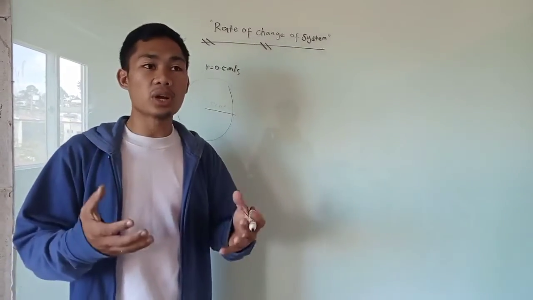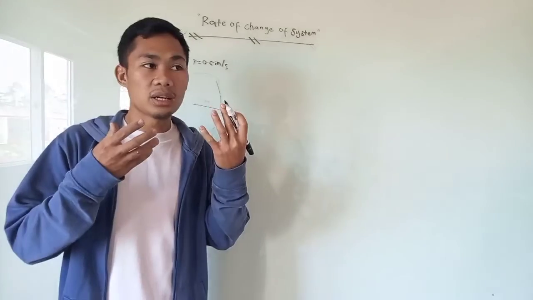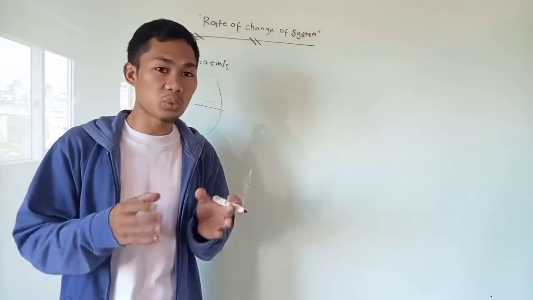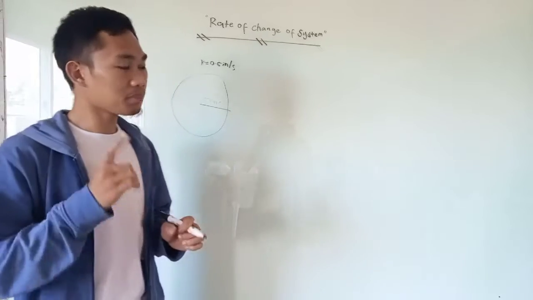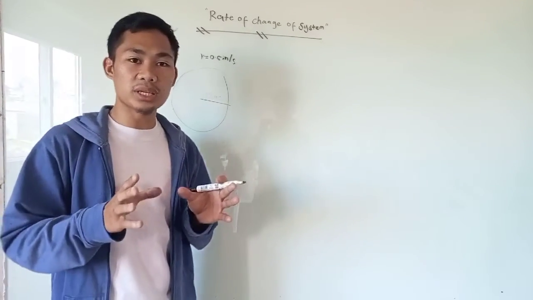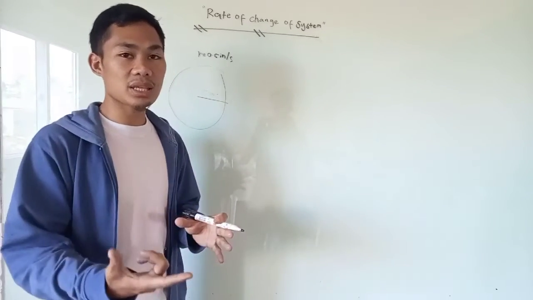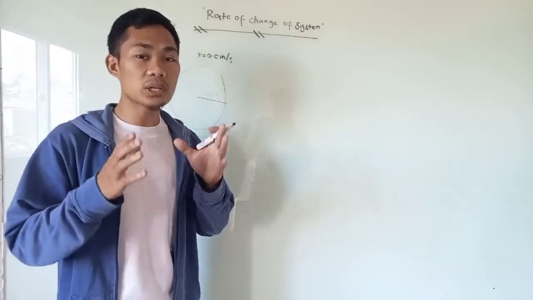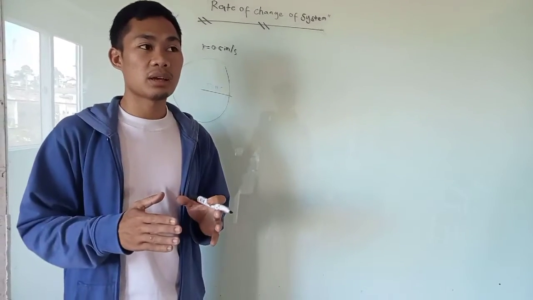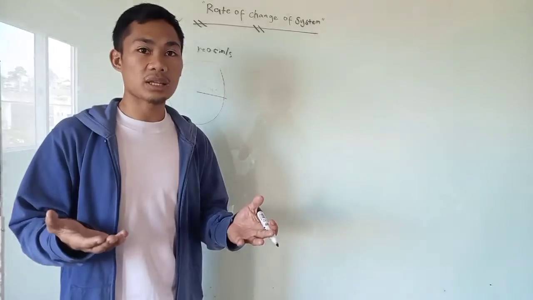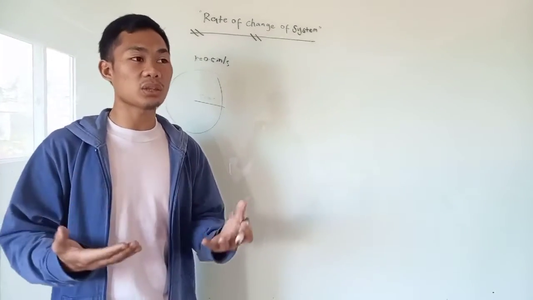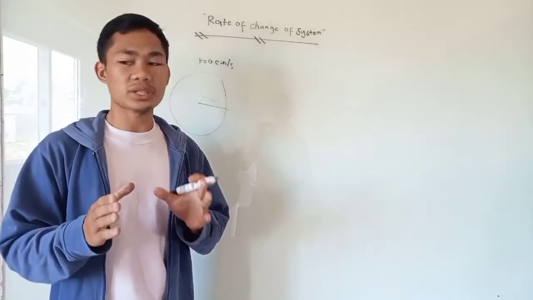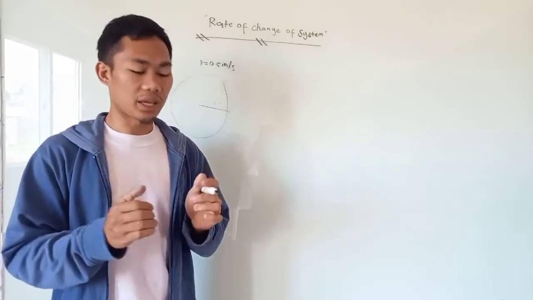That is how fast the radius of the balloon is increasing as you inflate it again. That means the surface area of the balloon is also increasing. How fast? We don't know, and that is what we are going to find: the rate at which the surface area of the balloon is increasing.